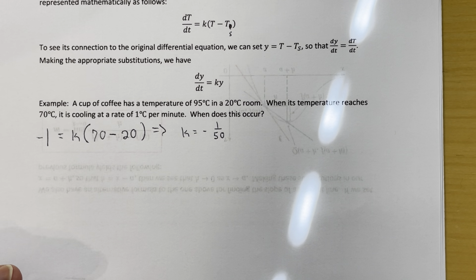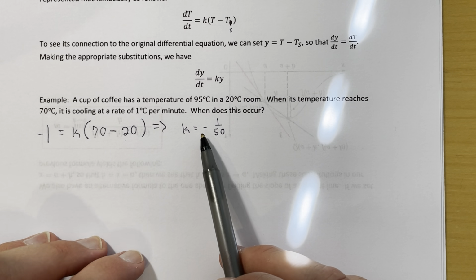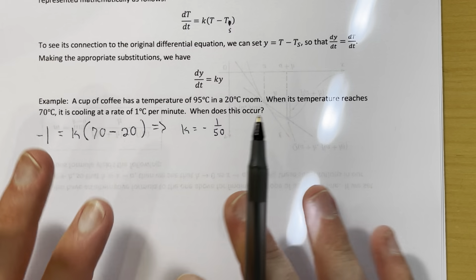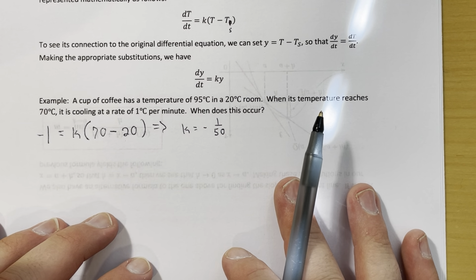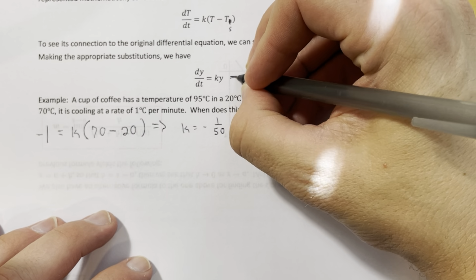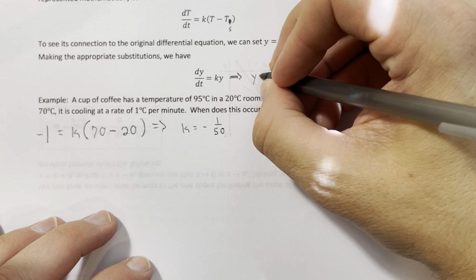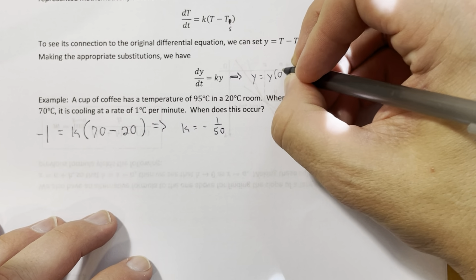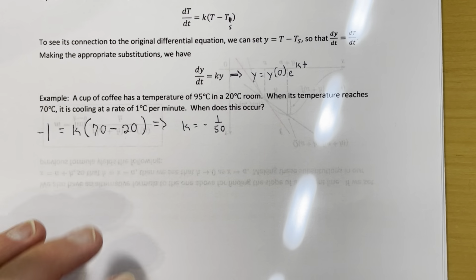So, now that we've established that, my next goal is going to be to find a solution to this differential equation. Now, we know that the solution to this differential equation is equal to this: y equals y naught e to the kt.